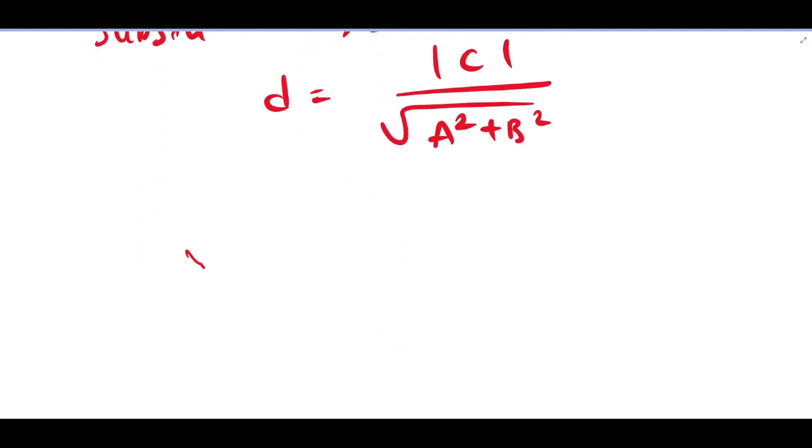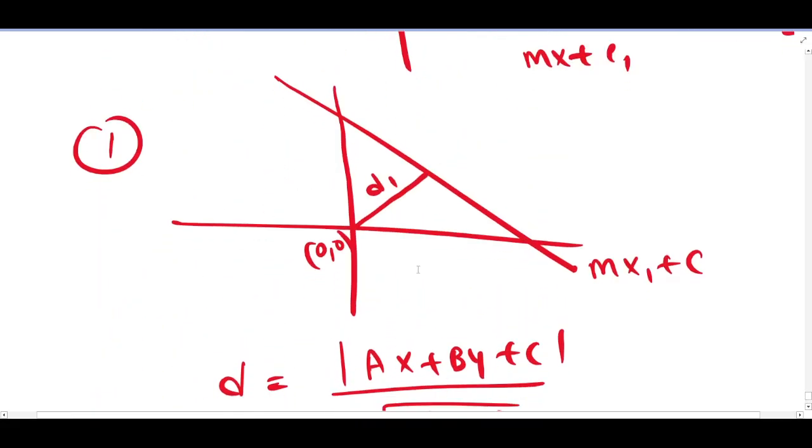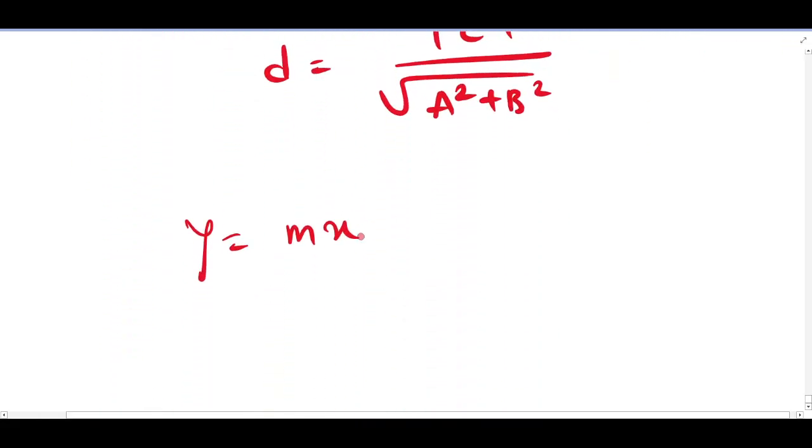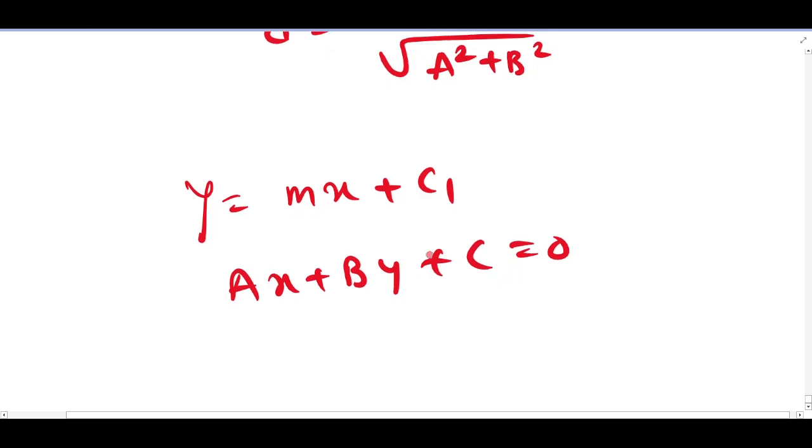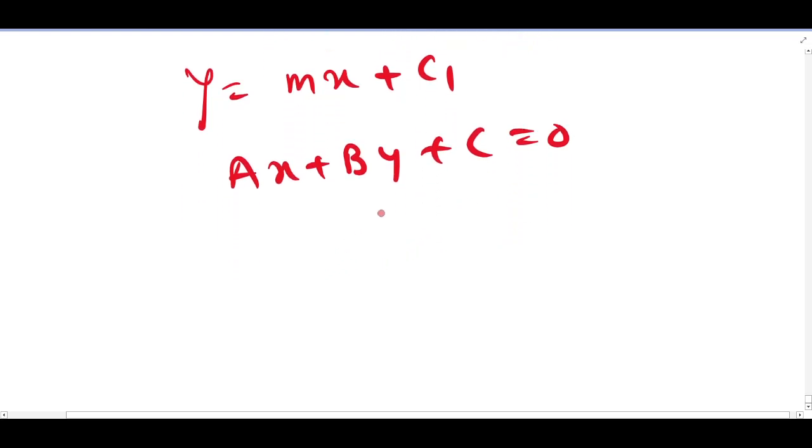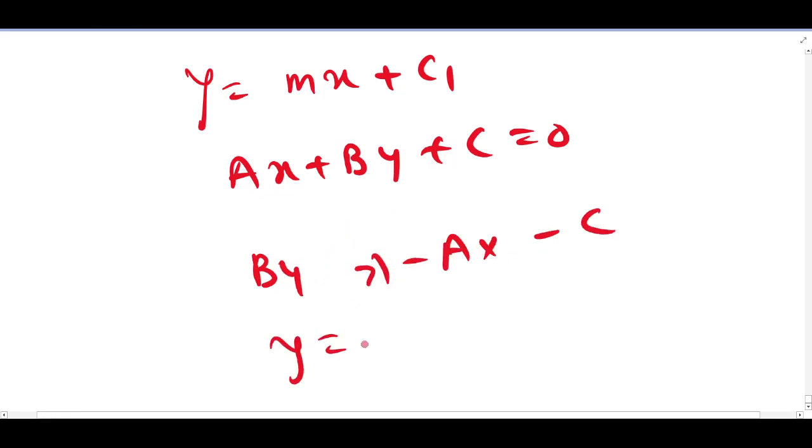Because the equation of a line is y equal to mx plus c1, if we compare this equation with ax plus by plus c equal to 0, then we get by is equal to minus ax minus c, and y is equal to minus a by b x minus c by b.